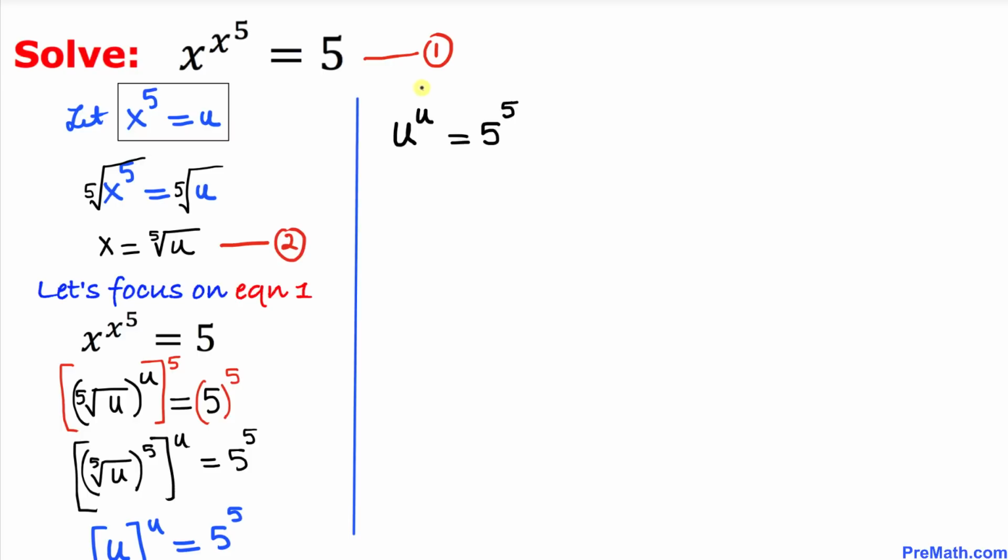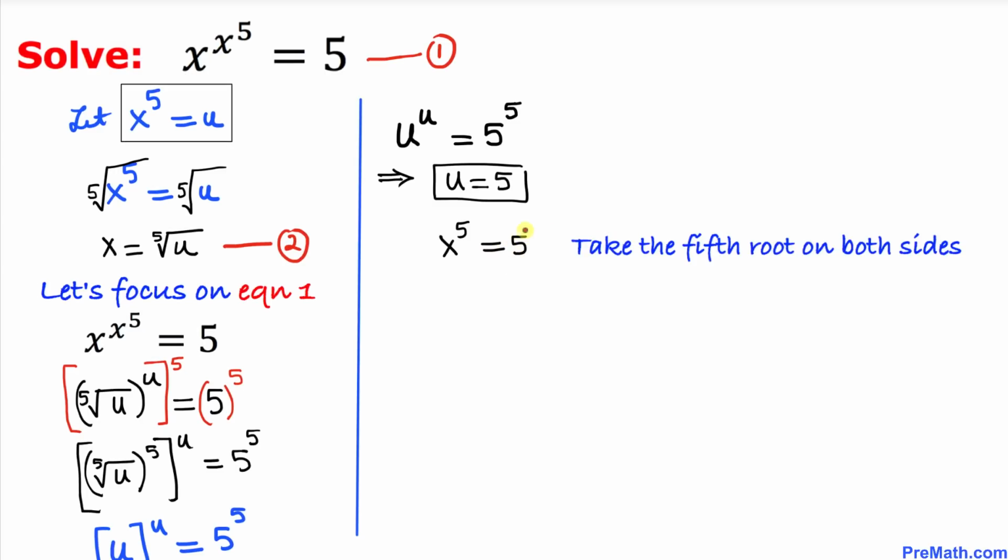So we got u power u equal to 5 power 5. And since the exponent and the base are the same, we conclude that u equals 5. But we know that u equals x power 5. So here I can replace u by x power 5 equal to 5.